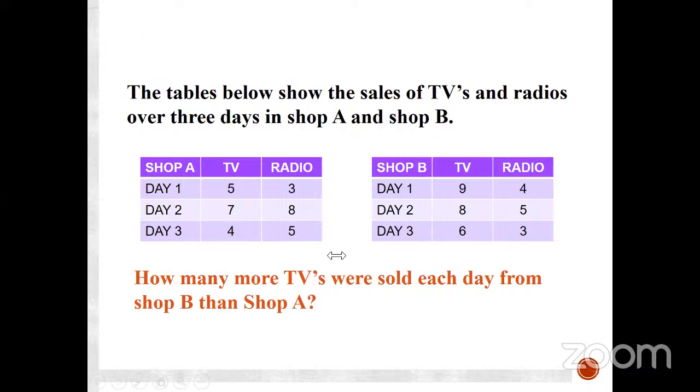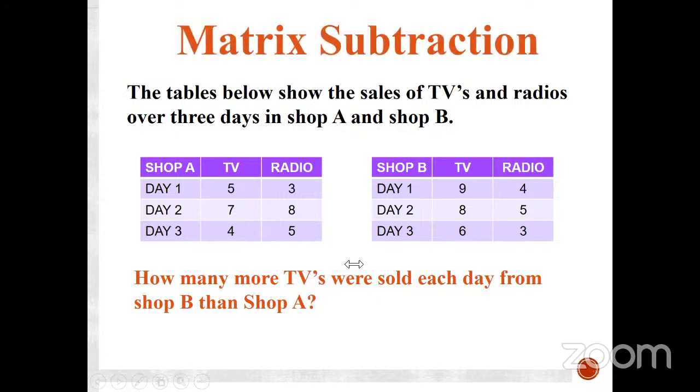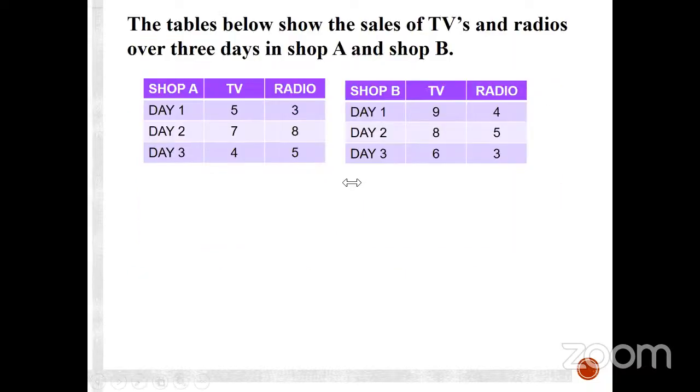So this actually takes us into matrix subtraction. Very good. So in this case, we would need to do a subtraction in order to be able to find the correct answer. So let's see what happens next. Here are our days, and we're going to write this in matrix form. So we want to find out how many were sold.